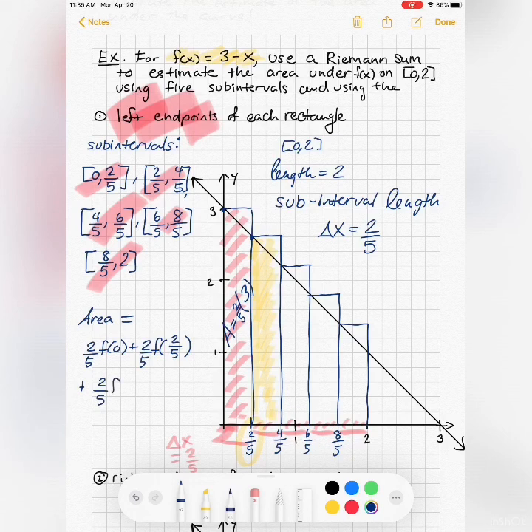The next one, this rectangle, base is 2/5, the height is f of 4/5.